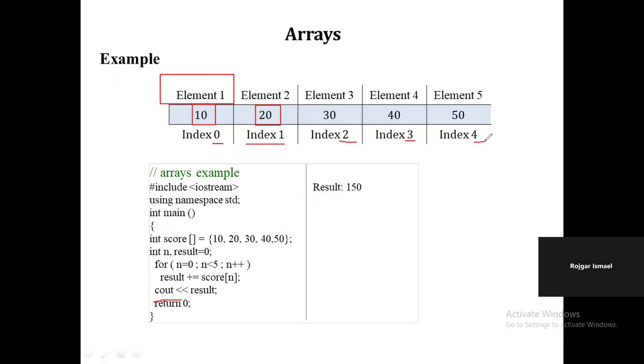So index 4 of the value 50 is equal to the element of 5. So it means that the element number is always larger than the index number, since the element starts from 1 while the index starts from 0.